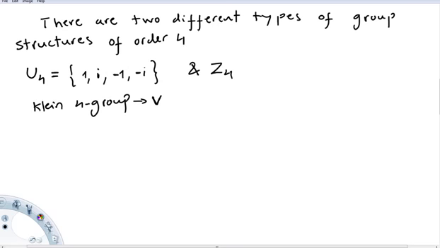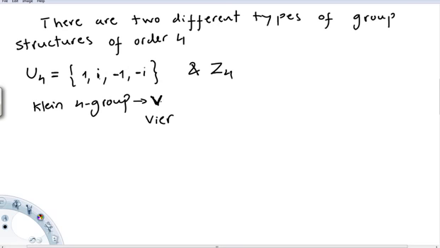Talking about groups of order 4, there are two different types of group structures of order 4. One is the Klein-Vier group, and we usually write this with a V because in German we write vier.